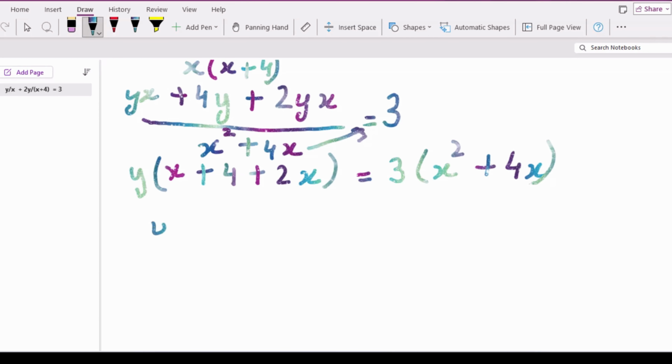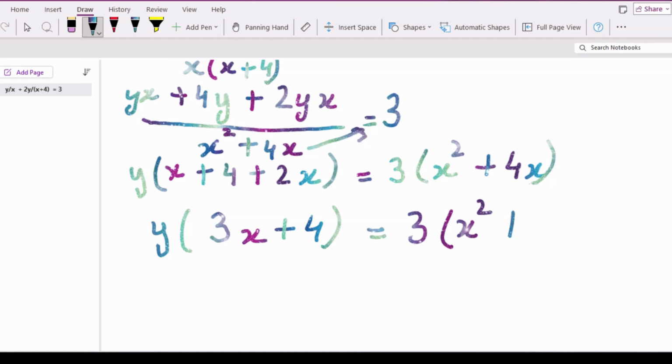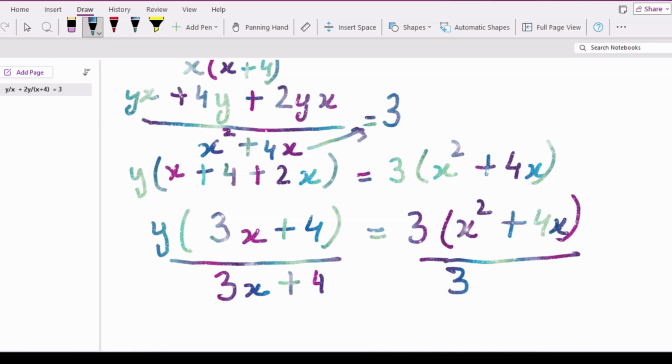Now let's move back and see. So y is separate. Now we can solve this bracket. This would be 2x plus x makes 3x plus 4, equals 3x squared plus 4x. Now, since we need to find the y value, this means that we can divide both sides by 3x plus 4.